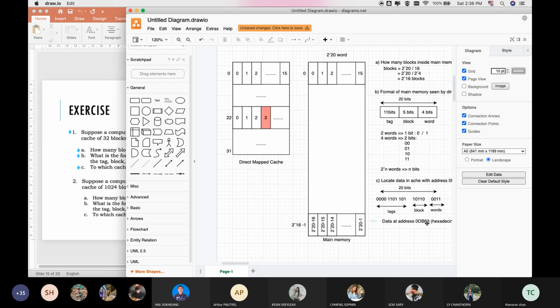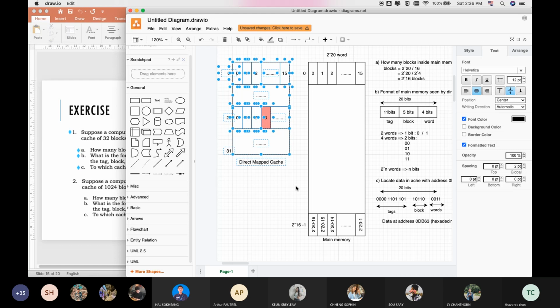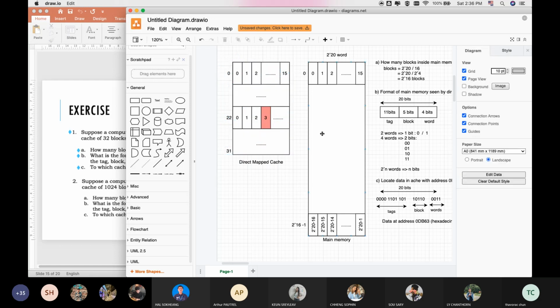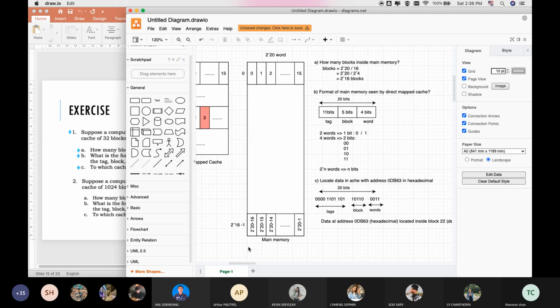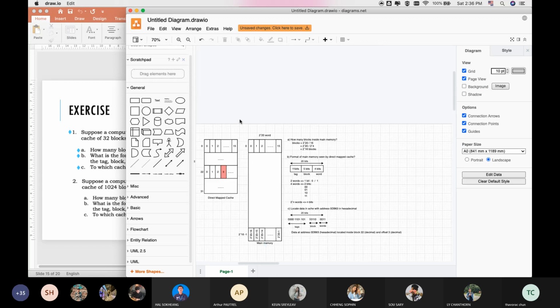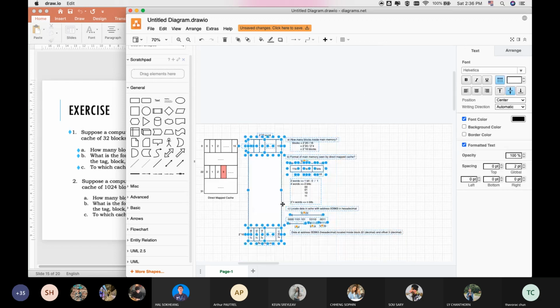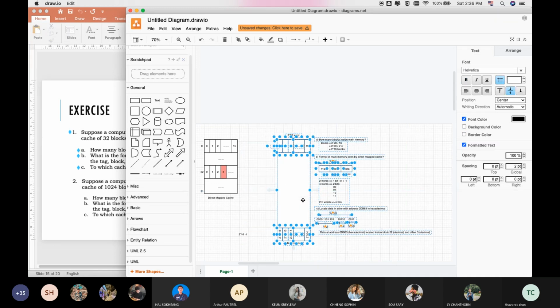So if you have this address, if we are not using cache, we go to find the data in here directly. Let me make it smaller. Can move it to this section here.